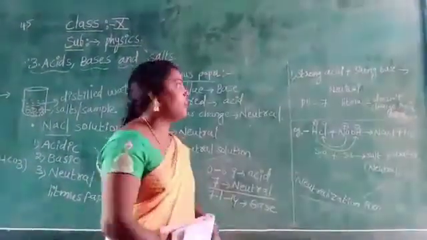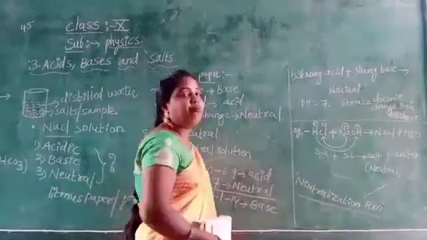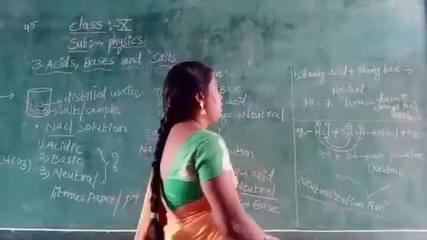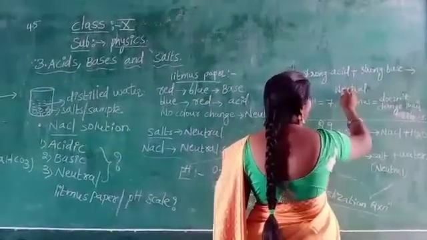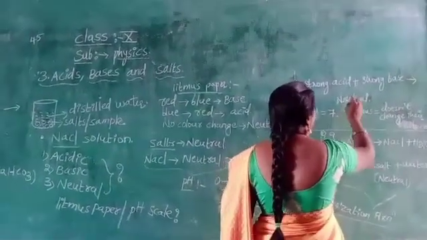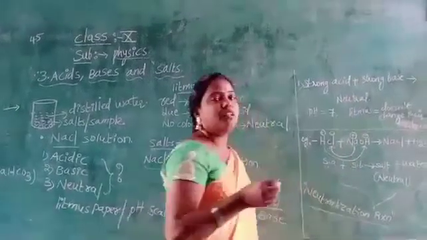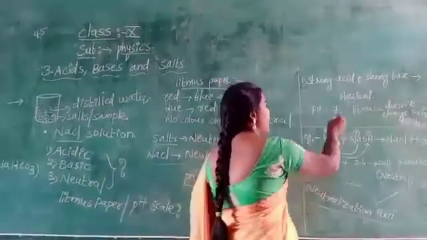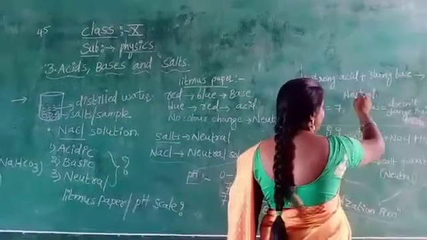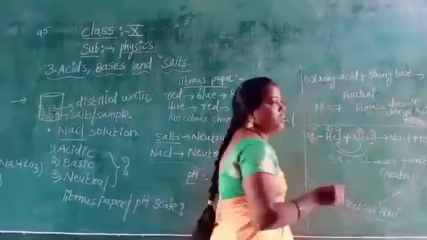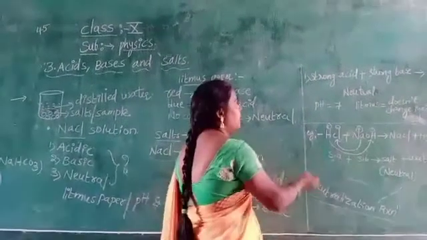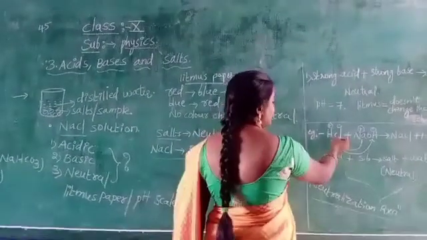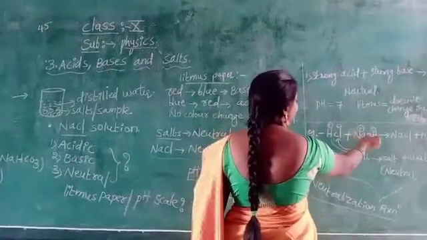This is the first thing, very important to you. When a strong acid reacts with a strong base, it forms a neutral solution. For a neutral solution, the pH value is exactly 7. In this case, the litmus paper does not change its color. I am giving an example here. Strong acid is HCl, strong base is NaOH.